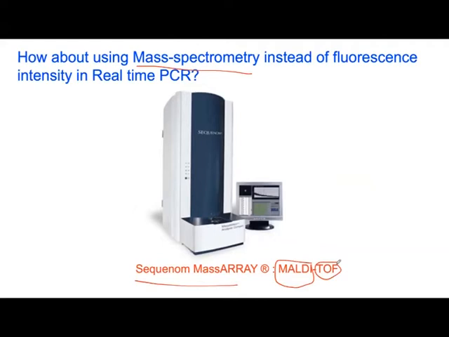This is one of the methods in mass spectrometry that you can also use for protein, and that's called the Biotyper. People use it to identify different strains of bacteria. But if you run DNA molecules instead of protein, then it's called EpiTYPER. It's the same machine; you just need to change the software that does the analysis. But I'm not going to discuss this today. This is a totally different method.